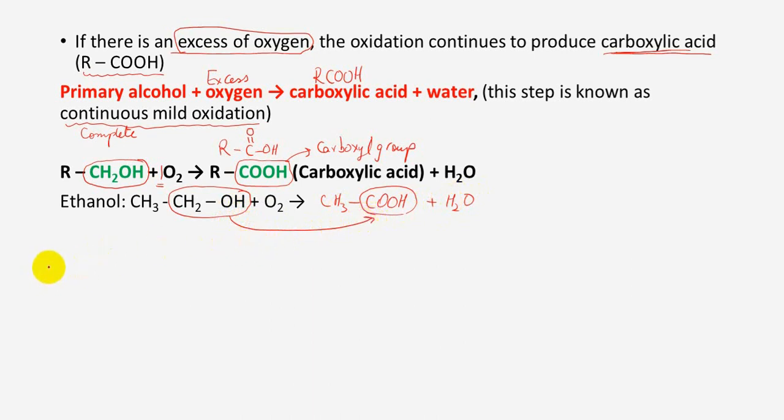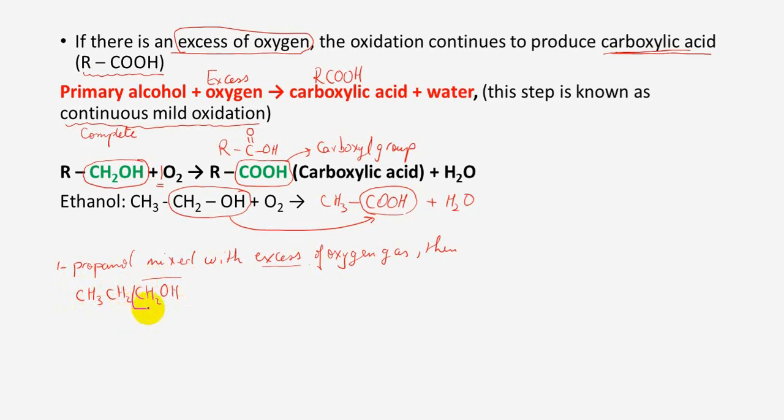If I have a complete mild oxidation, if 1-propanol is mixed with an excess of oxygen gas, then the reaction will be as follows. 1-propanol is written as CH3CH2CH2OH.